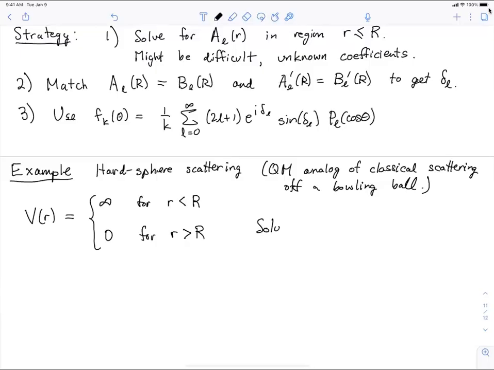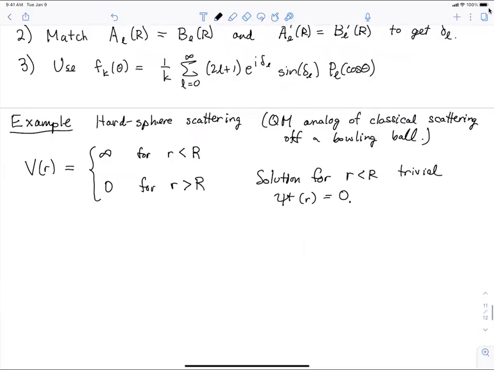The solution for r less than big R is trivial because it's just 0. And so it's going to be really easy, or relatively easy, I guess, to match that to the wave function outside. Okay, so it's just 0.